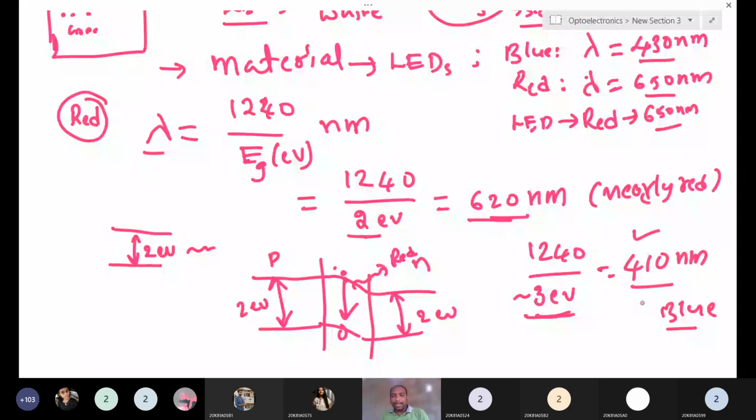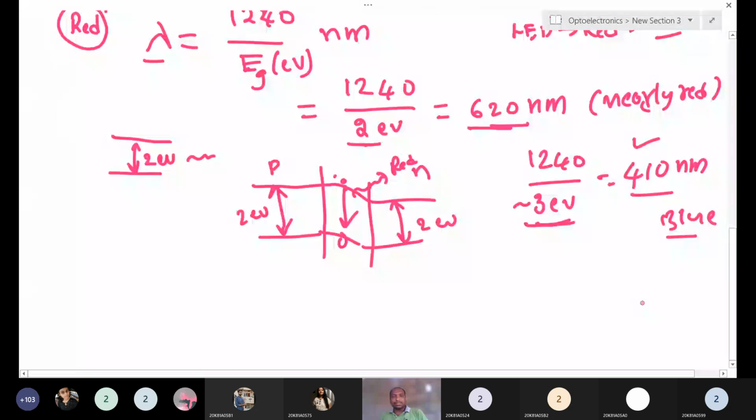This is the main reason: you use a different material, you get a different color. Depending on your requirement, you choose a particular material and get that color. This is the main way of getting different colors.